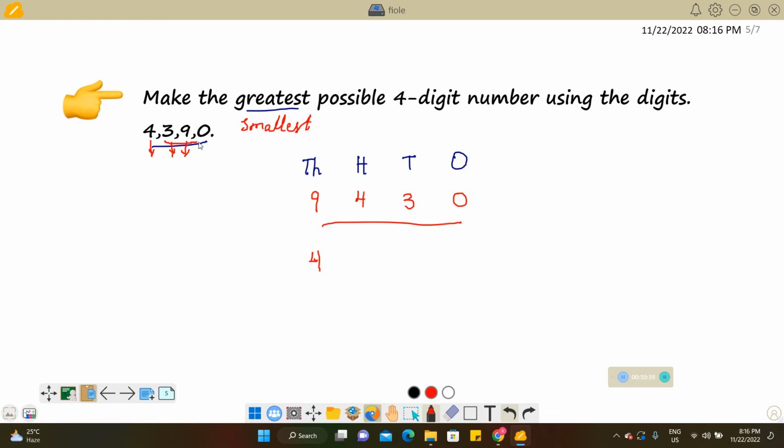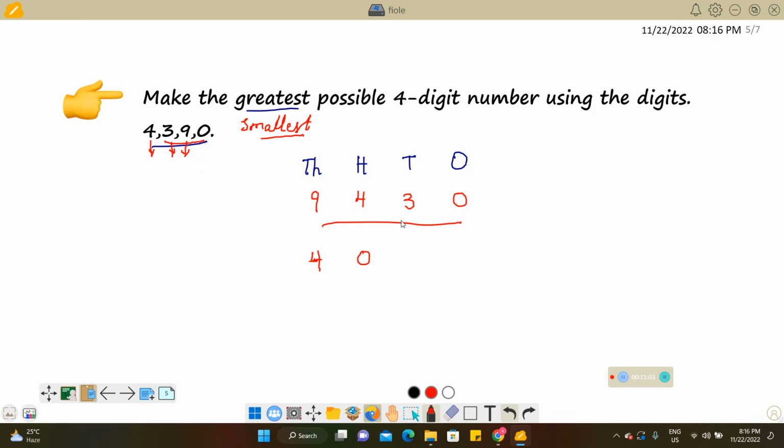Now we can look at the 3 digits here. What is the smallest digit among these 3? 0. We can keep 0 anywhere in these places. Since we have to make the smallest, we are using 0 at the hundreds place itself, because 0 hundred is less than 300s or 900s, right?